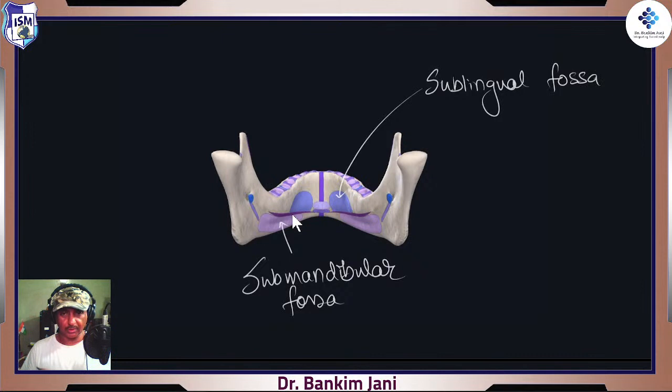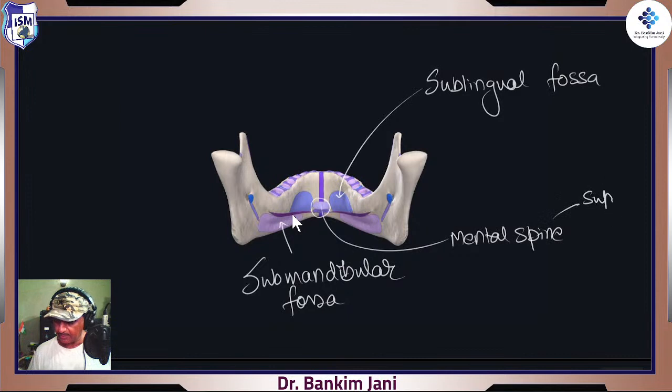The rest is all known to you, right? Very properly. Because this middle one, that one is the mental spine, right? That's okay, mental spine. Here we have divided it into a superior part and an inferior part, but basically mental spine, right?